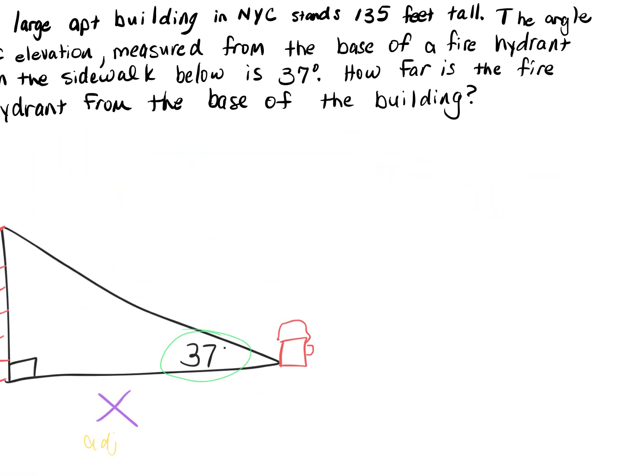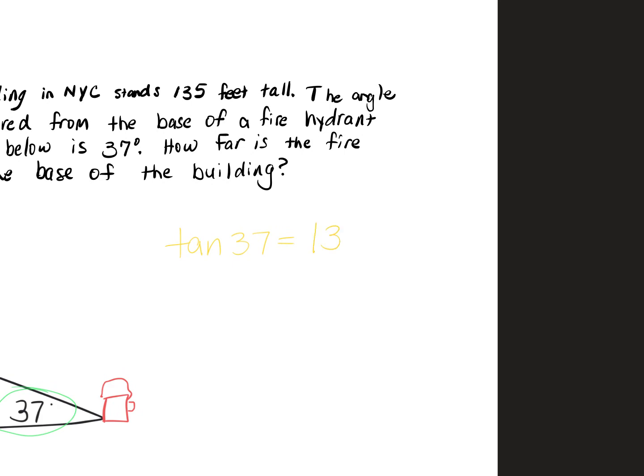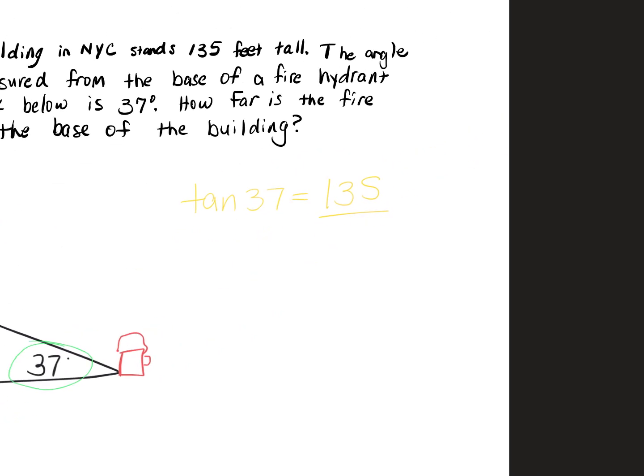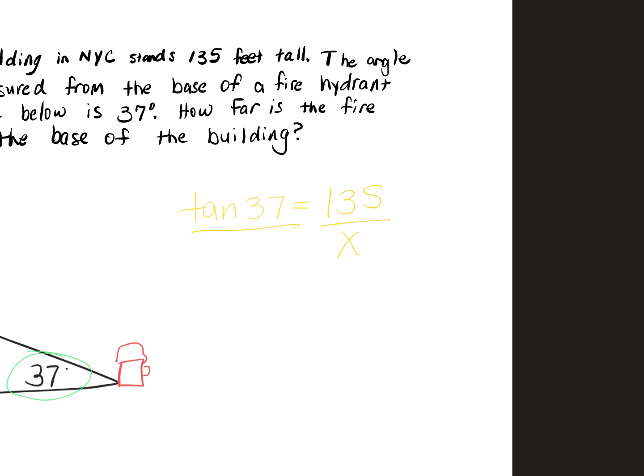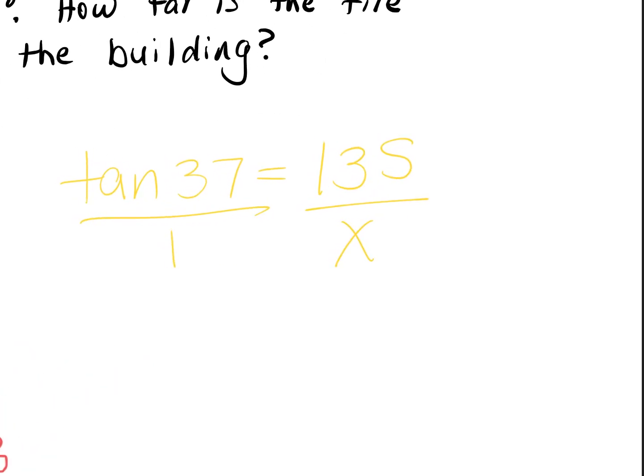I'm going to say tangent of 37 equals the opposite, which is 135, over the adjacent, which I don't know, is X. Remember, this is over 1. I have a fraction equals a fraction. How do we solve that? We cross multiply. So 135 times 1 is 135 equals X times the tangent of 37.